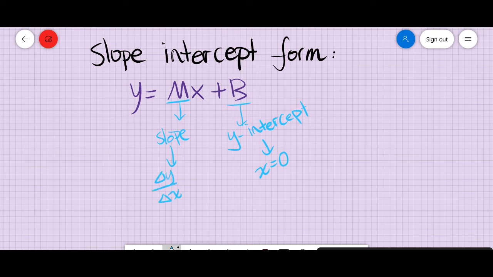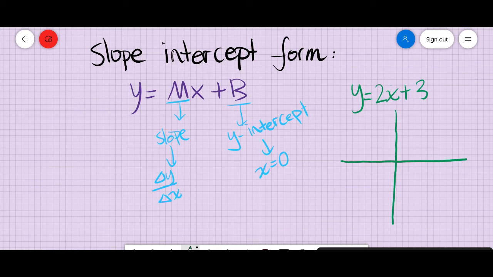Okay, so we're going to give an example here. You are given that y equals 2x plus 3. You're going to graph this. So I'm not going to draw very accurately. I'm just going to draw like it will look like something like this.